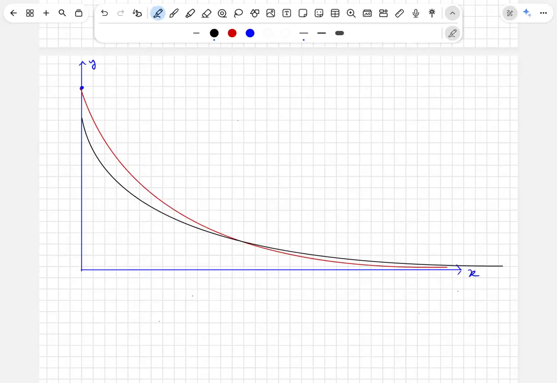Such a graph is not possible. So therefore, you don't work on such graphs.